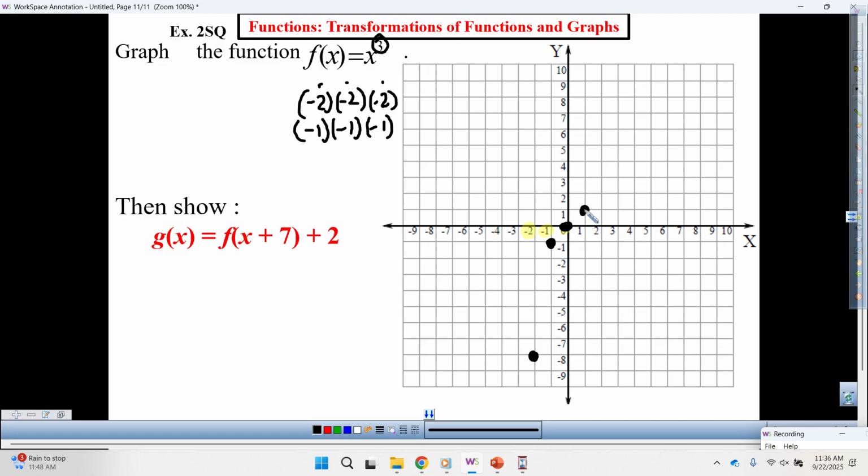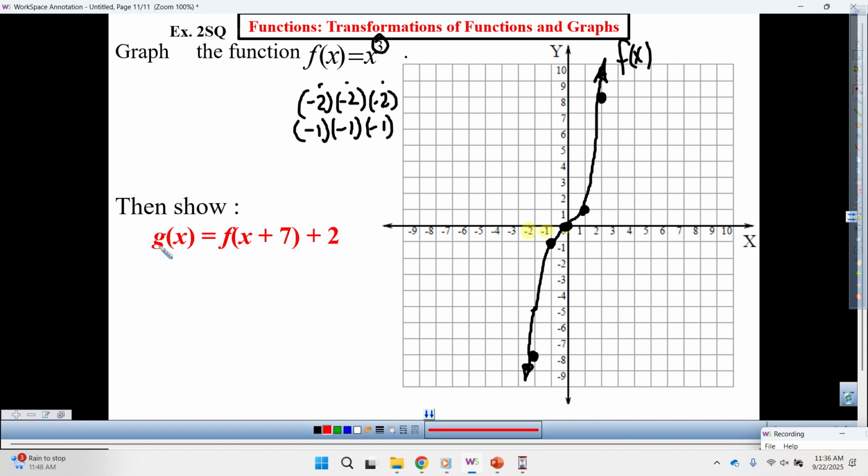And the last one, 2 what? Autumn, 2, 8. That is correct. And then we graph our cubic. And we label that f of x.